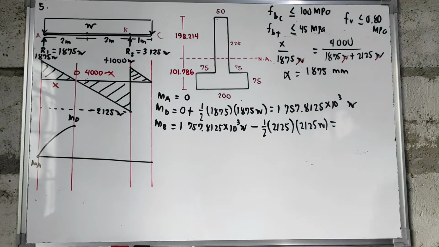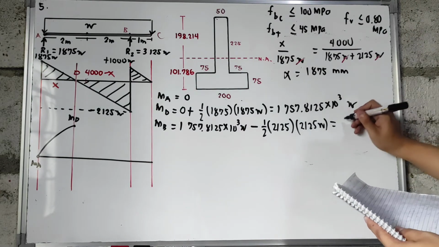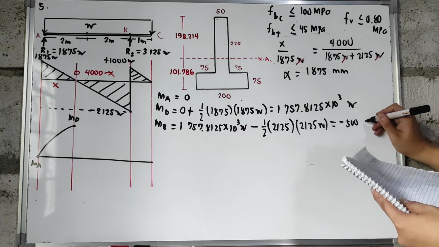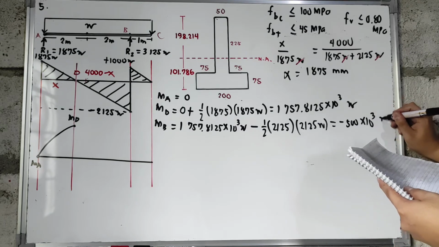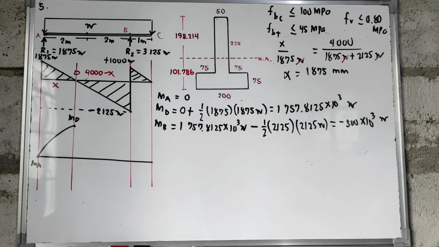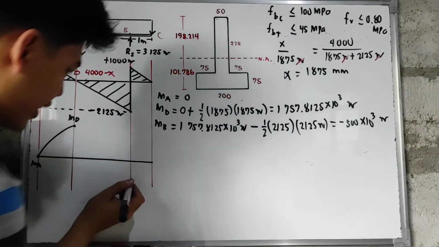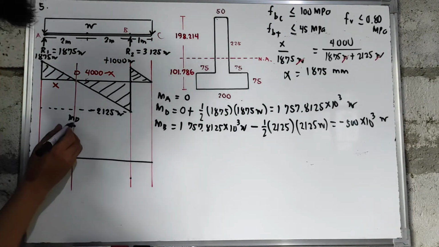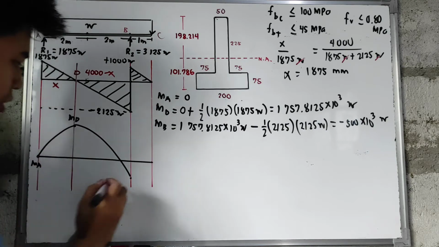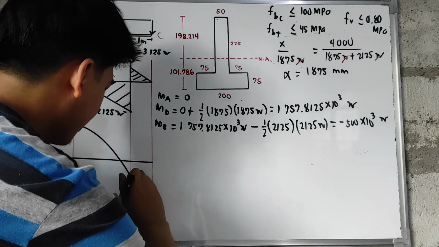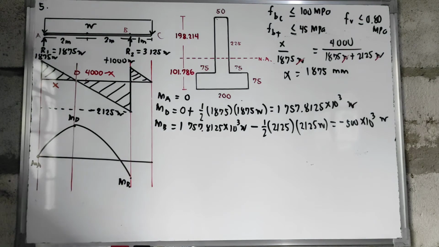So, the value of MB is now equal to negative 500 times 10 raised to 3 W. So, here is the value of our MD, and this is the value of MB, which is negative.